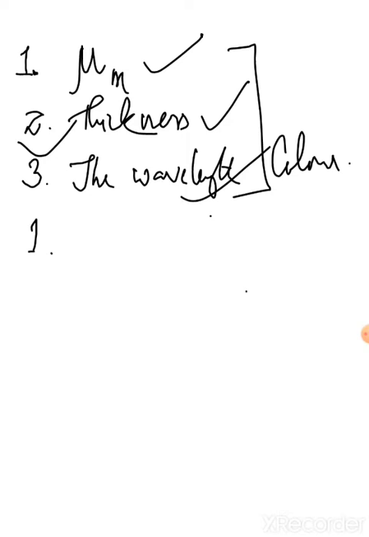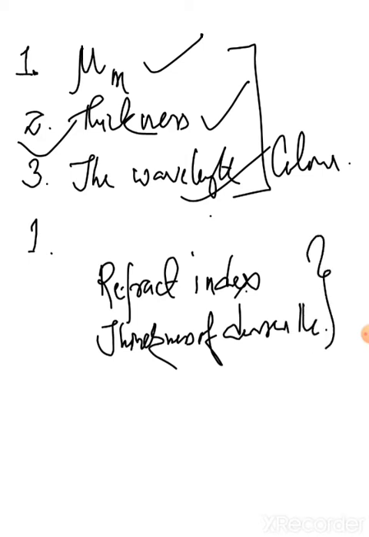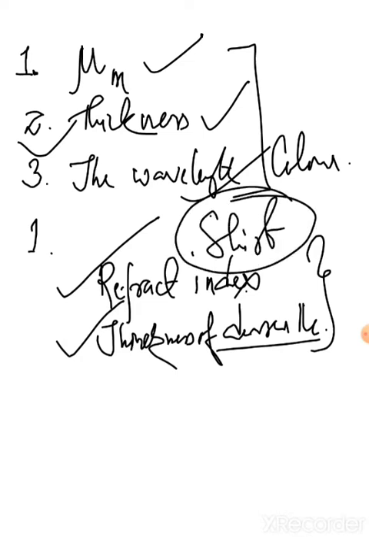So here you can see that refractive index and thickness of the denser medium are directly proportional to the shifting. So the higher the refractive index and the higher the thickness of the denser medium, more is the shift, that is the object appears to be raised up.